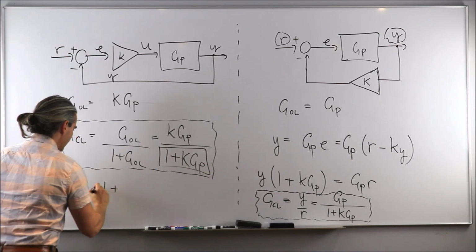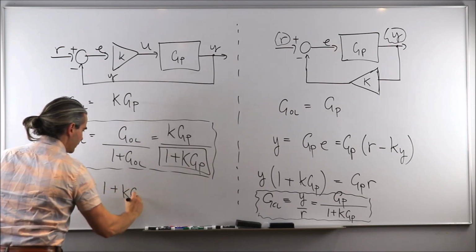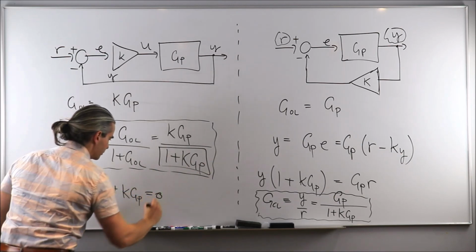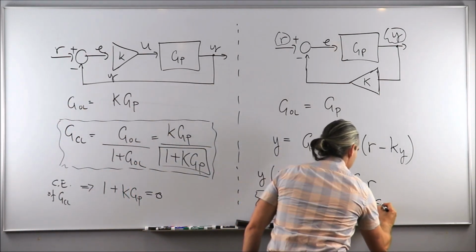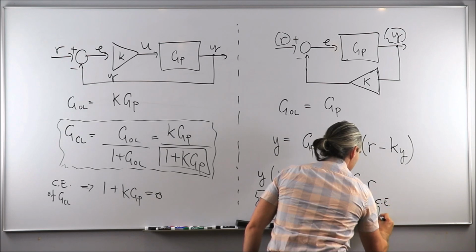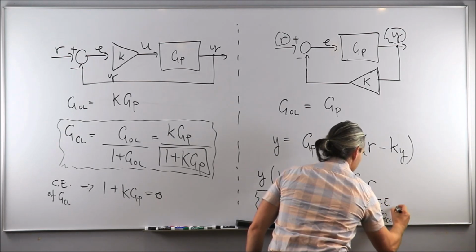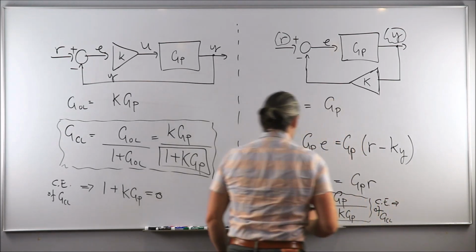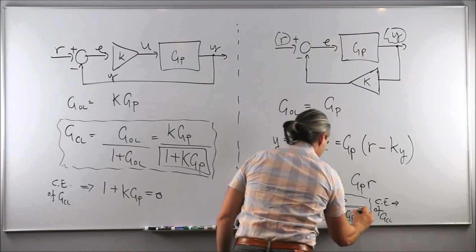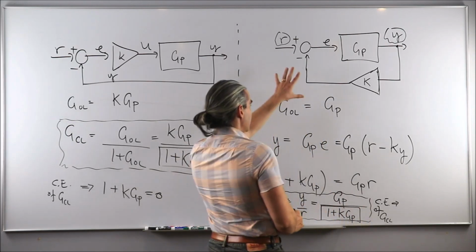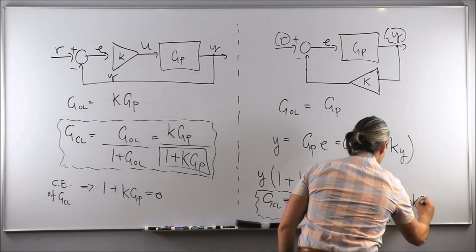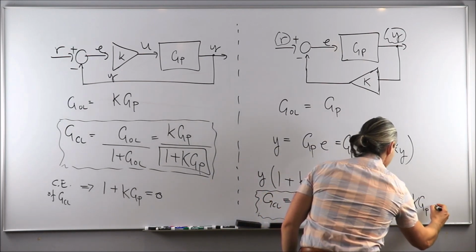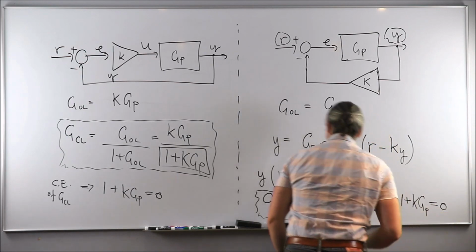So 1 plus K G of P, always equal to 0. And for this specific architecture, the characteristic equation is also the denominator of our closed loop transfer function. So 1 plus K G of P equal to 0.